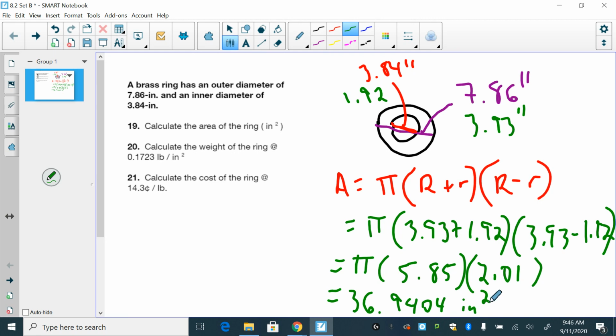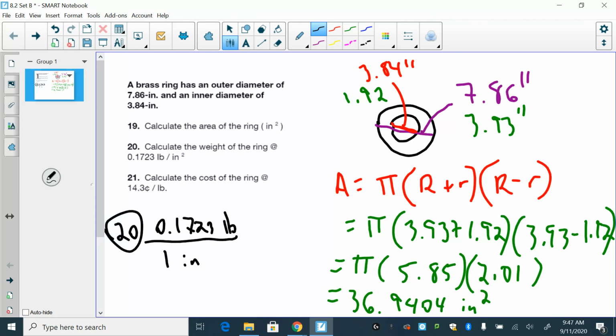Okay, let's look at 20. Question 20 asks for the weight of the ring. Just make that your ratio, 0.1723 pounds over 1 inch squared. You found the inches squared, so I don't know the pounds, x, that's what I'm solving for. I already solved for the inches squared, 36.9404. Now I'm just going to cross multiply to get my answer.